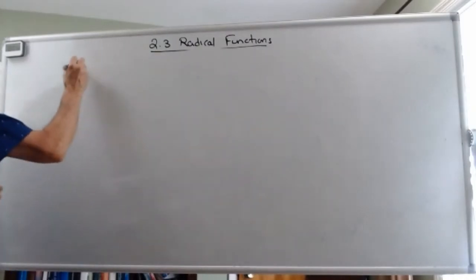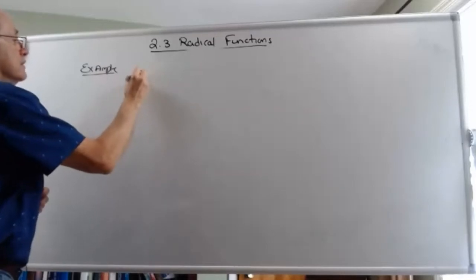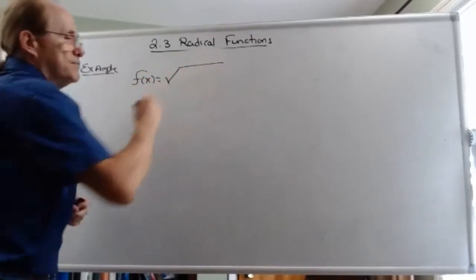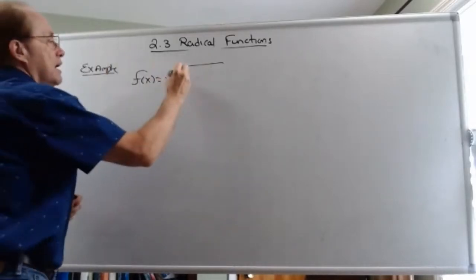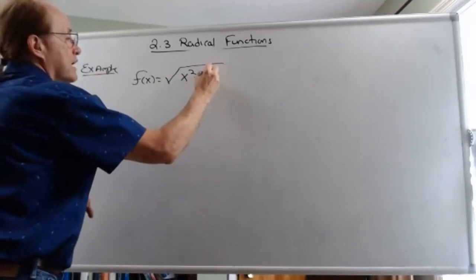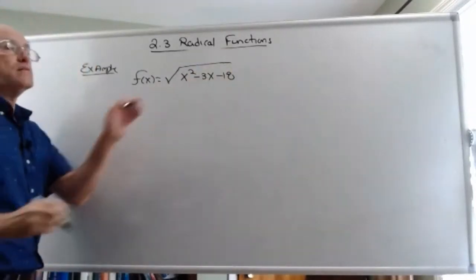So now let's say I have this example. Here's my function. It's a square root, so I know I'm going to have difficulties I have to worry about. I have x squared minus 3x minus 18. This is no longer linear.